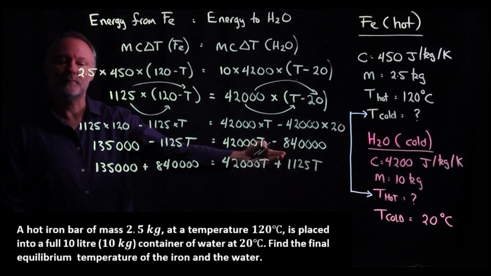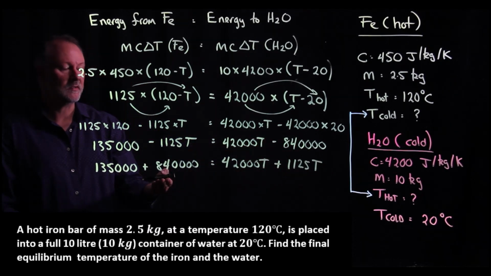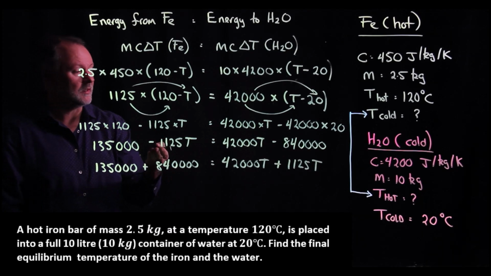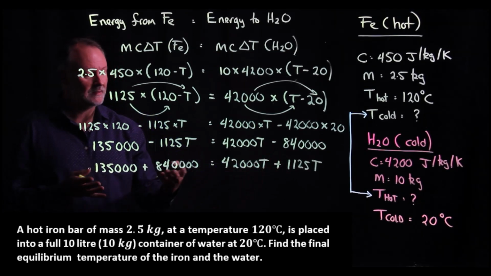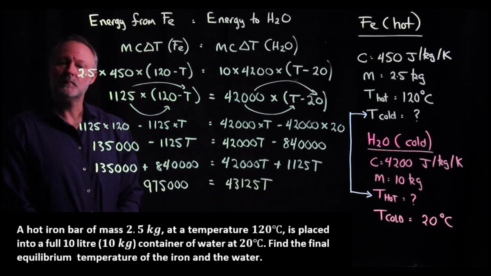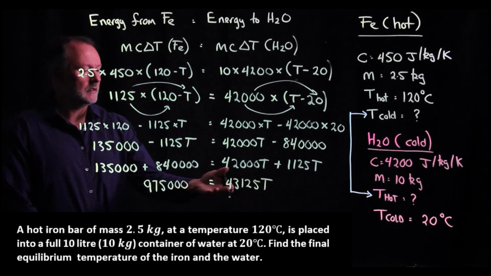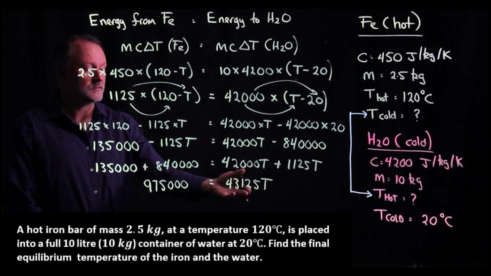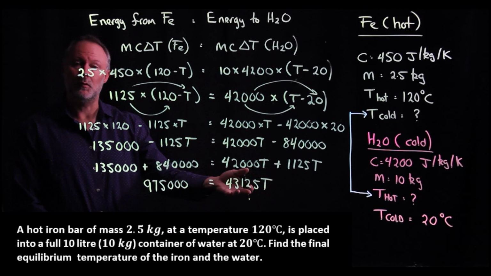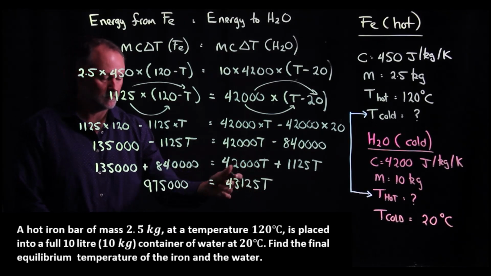I've added my 840,000 from the right hand side to the left hand side. And likewise, I've added my 1,125t from my left hand side to my right hand side. Let's now simplify these numbers. I now have a single number on the left hand side and a single pronumeral on the right hand side. All I have to do is divide both sides by 43125 to find out what the unknown equilibrium temperature is.